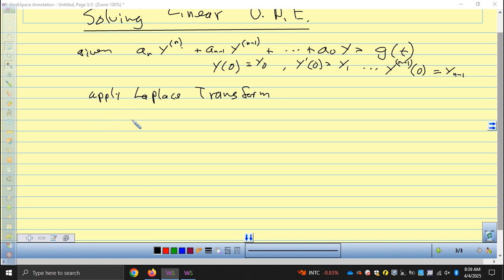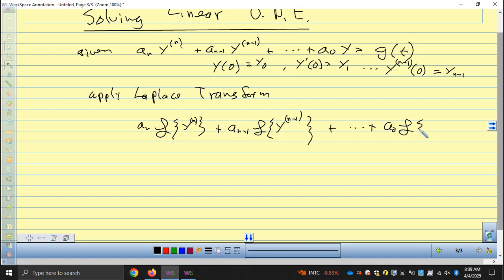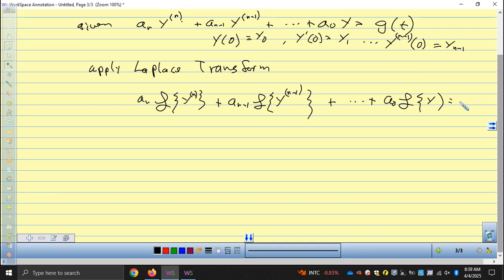We get a sub n times the Laplace transform of the nth derivative of y, plus a sub n minus 1 times the Laplace transform of the n minus first derivative, plus dot dot dot plus a0 times the Laplace transform of just the function, and that equals the Laplace transform of g of t.